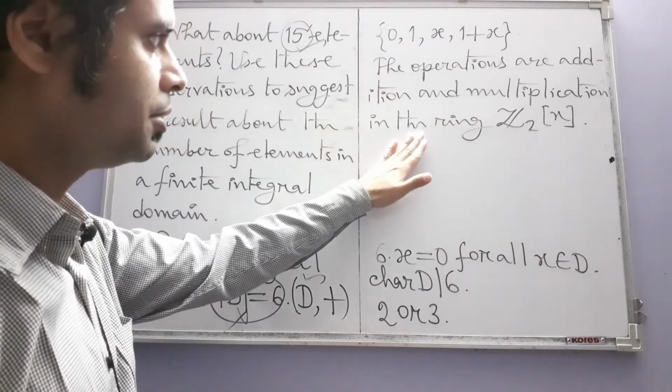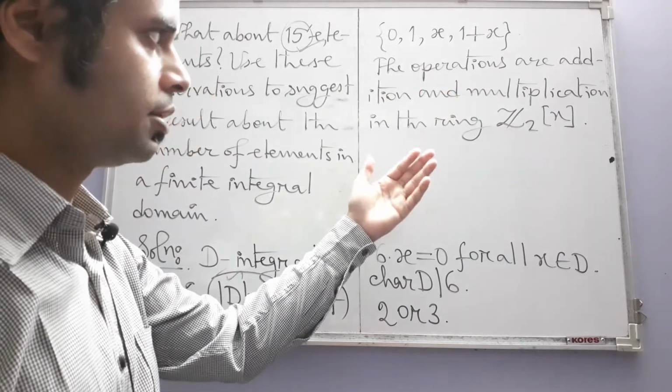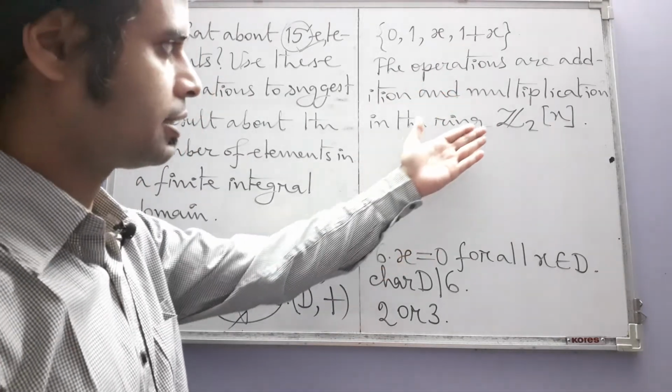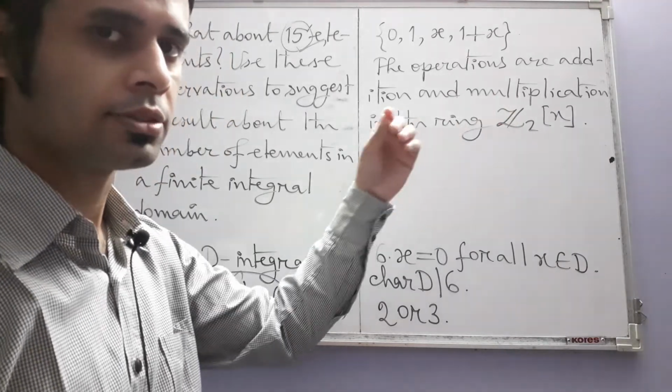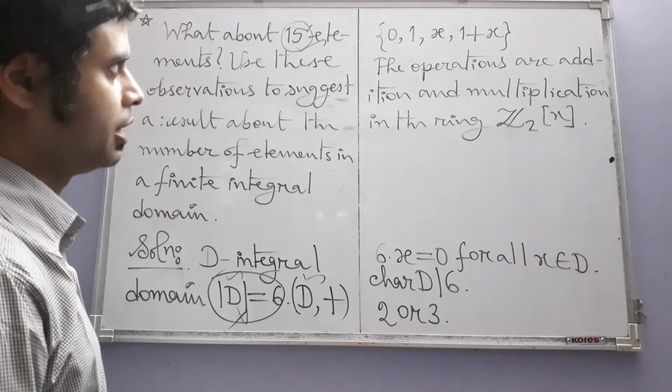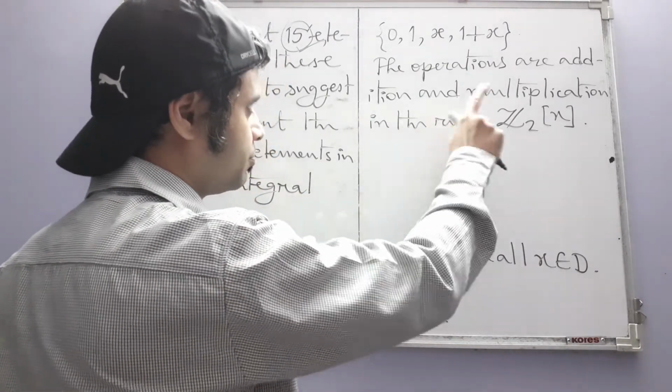You just have to keep in mind that the coefficients of these polynomials are 0 or 1, each coefficient. That's because they are coming from this field Z2, which has only two elements, 0 and 1. So what do you have to show to prove this?